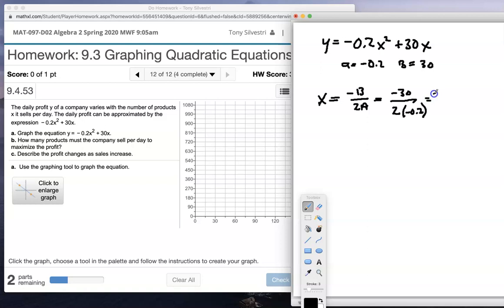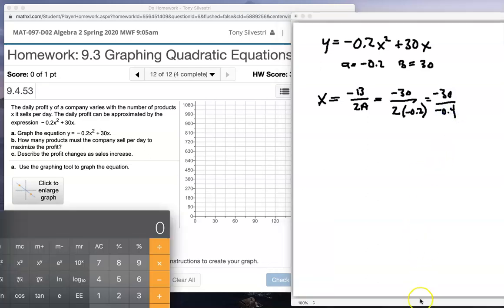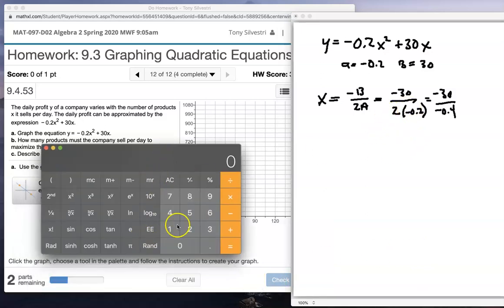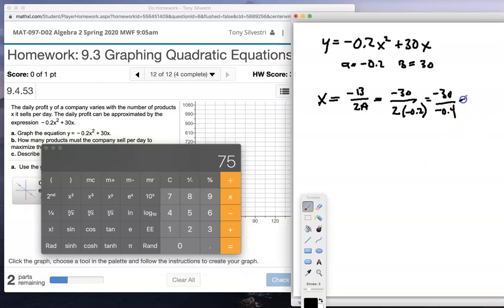So it's negative 30 divided by negative 0.4. If I divide those two, the negatives will cancel. So we have 30 divided by 0.4 equals 75. I get x equals 75.